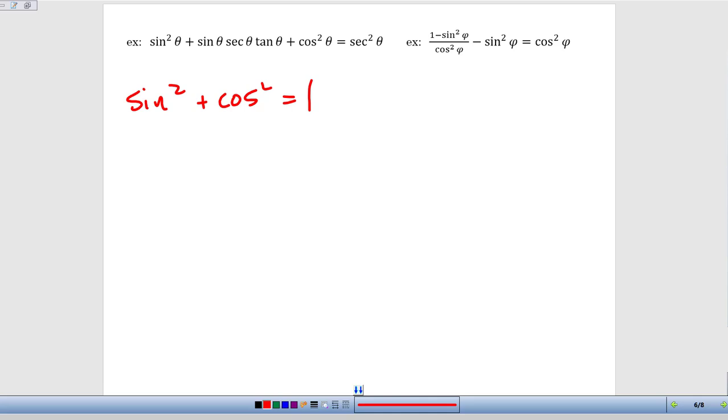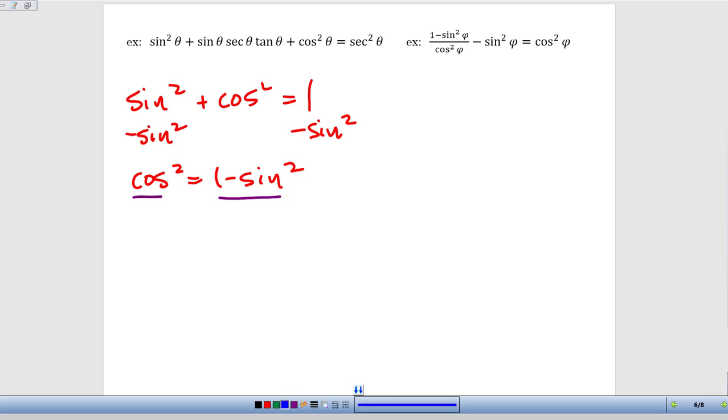So likewise, I can rearrange this Pythagorean identity. So let's say, for example, I subtracted sine squared from both sides. Well, that means that I've got cosine squared equals 1 minus sine squared. So that means that's a substitution that is available for me. Whenever I see a 1 minus sine squared, I can replace that with a cosine squared.